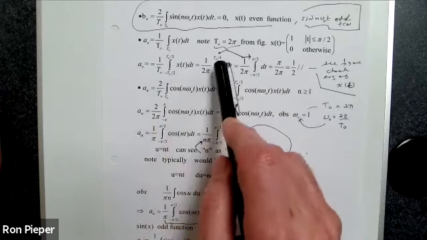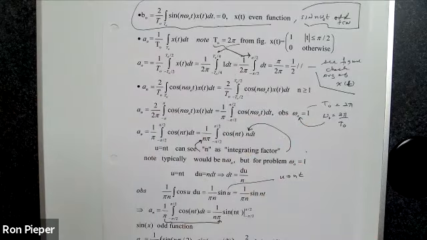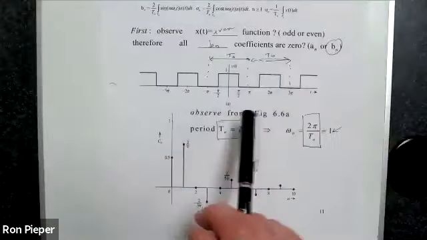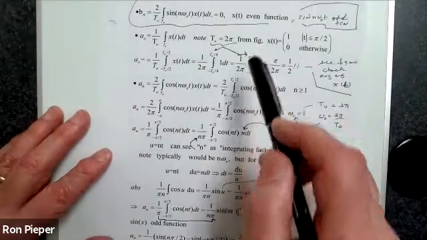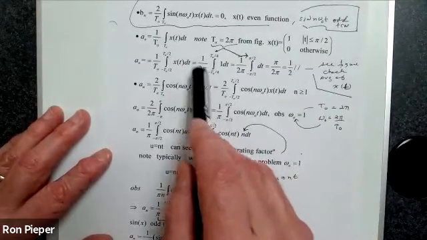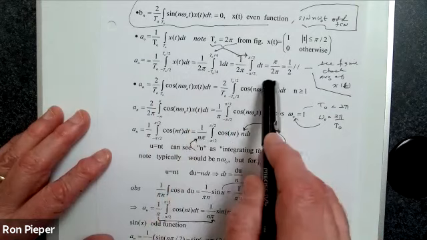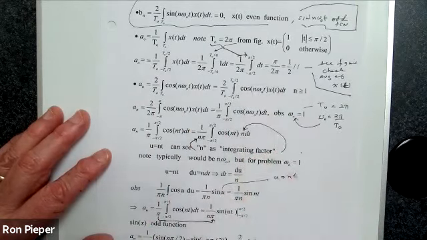But then because it gets cut down by half again, it's pi over 2. So if we integrate from minus pi over 2 to pi over 2, with the substitution for T naught equal to 2 pi, when you do that, you get pi over 2 pi, which is 1/2.